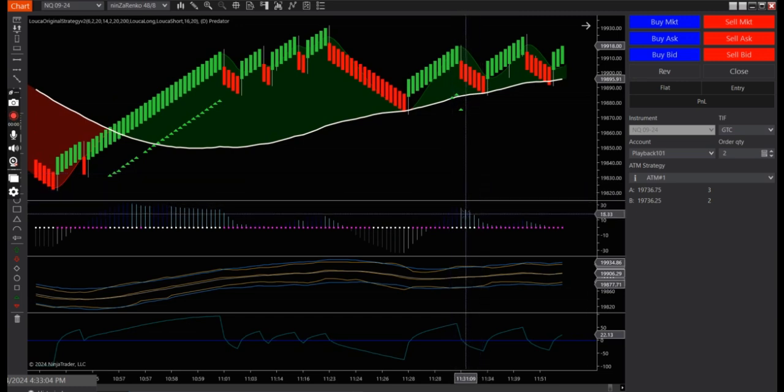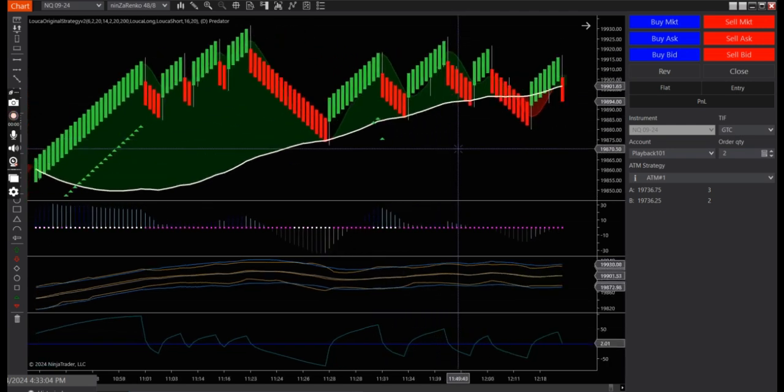And then the next one is 11:29. It went in here. It went for a long, but actually went into this red candle here for whatever reason. See, I have the signal here, then it went into this candle, and it stopped me out here for a loss. The last loss, 1:39.